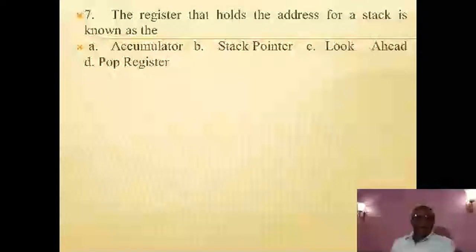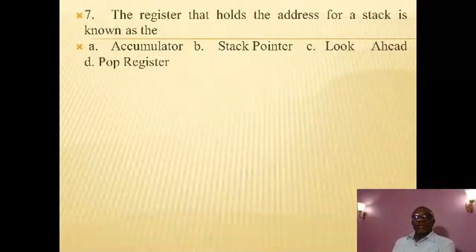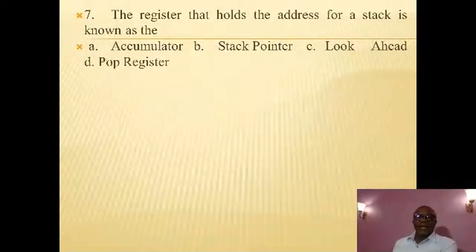Now, when we were talking about registers, we say that the information that is pointing to the next action is the stack pointer.